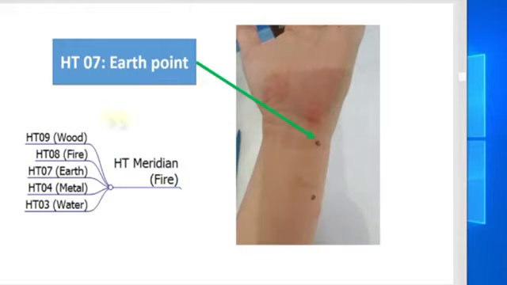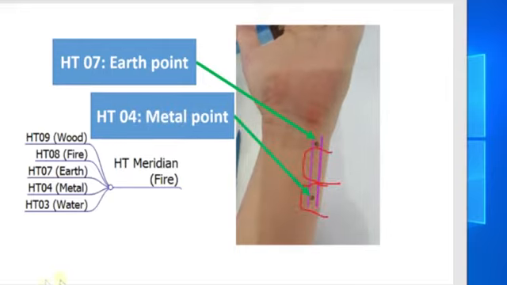Next one is the earth point of the heart meridian, HT7, here. If you watch here, there are two tendons like that.